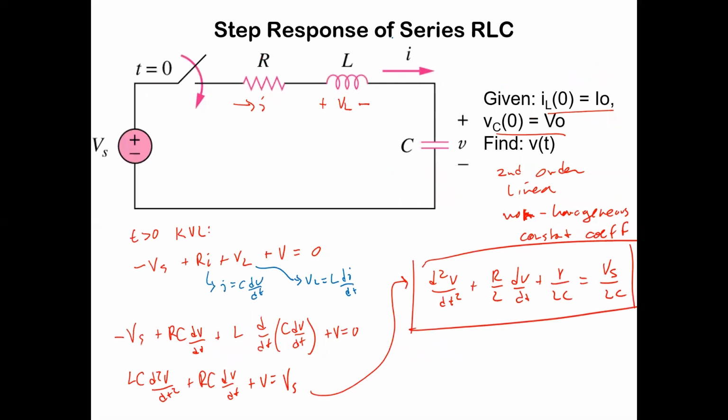So even though this becomes a short circuit in the steady state, this is an open circuit, meaning the i is going to equal 0 at infinity. So all the voltage drop takes place across the capacitor. That's all I'm saying. That makes sense.